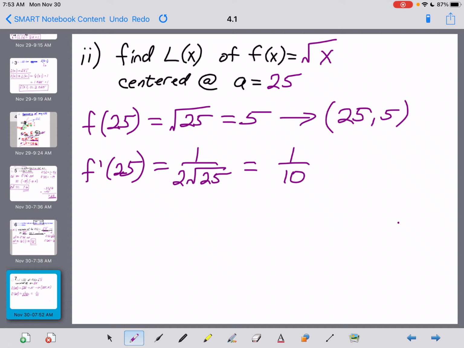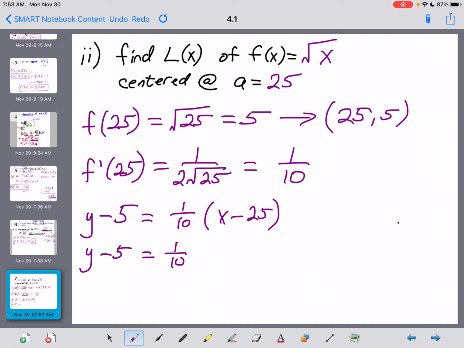So if we now wanted to go to point slope form, we've got our tangent line equation of y minus 5 equals 1/10 times the quantity of x minus 25. From there, we could distribute and get y minus 5 is equal to 1/10 x minus 25 over 10. We could divide a 5 out there and get a 5 over 2.